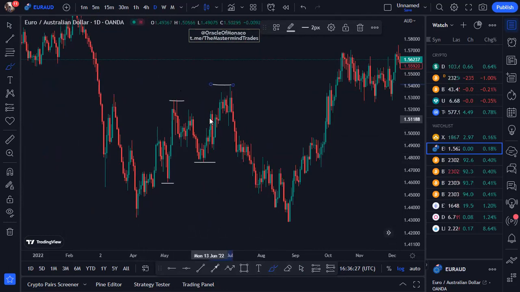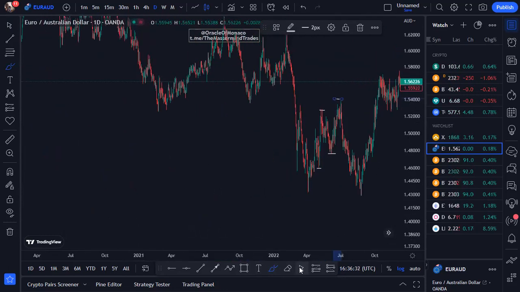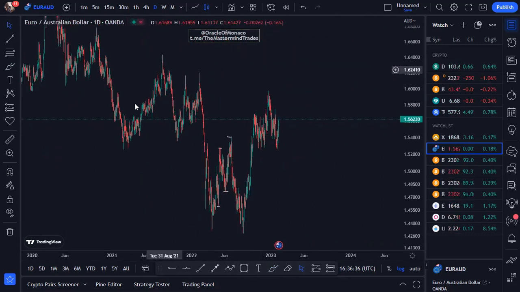This is a bullish structure sitting right within a bearish structure or bearish trend or whatever it is you want to call it. So right here is where we have that internal structure.